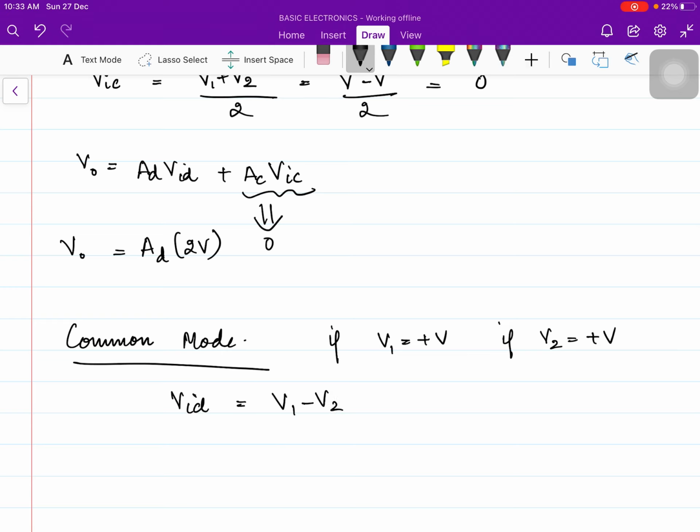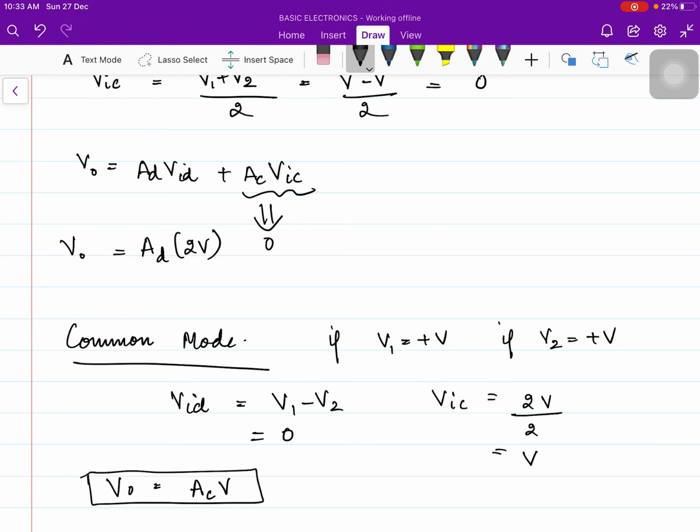V1 minus V2, which is equal to 0, and VIC is equal to 2V by 2, that is equal to V. So you will get some output, but that output will be very, very low. So V0 will be equal to AC into V, that will be all.